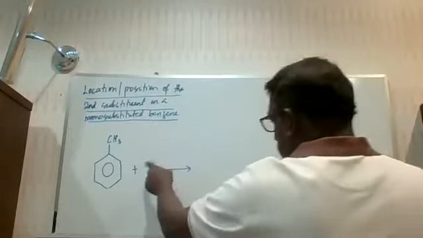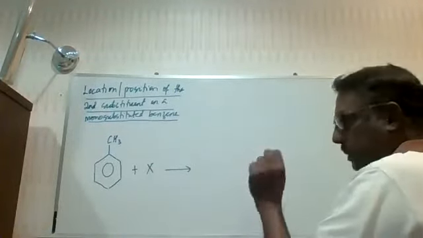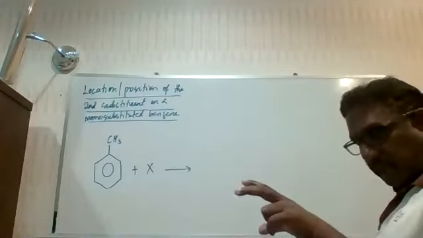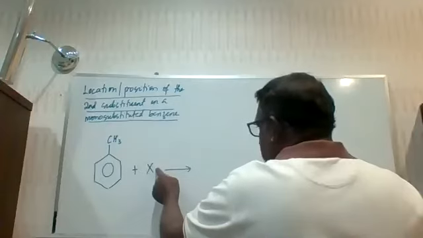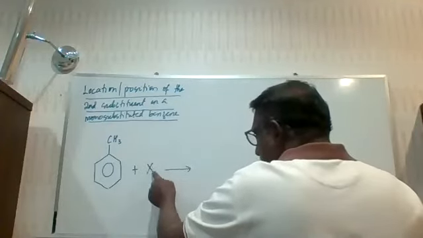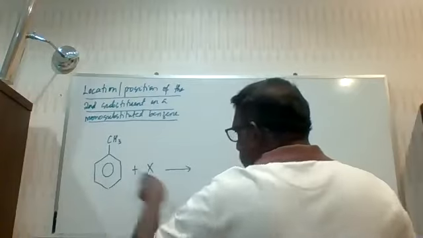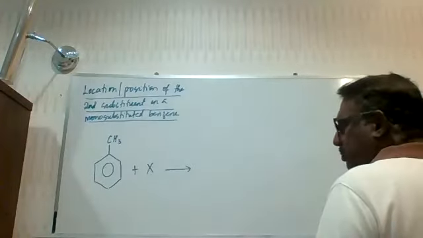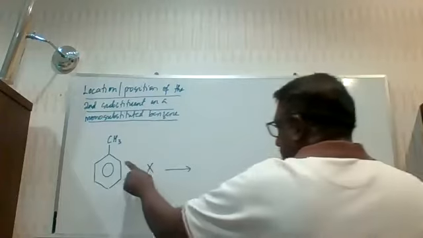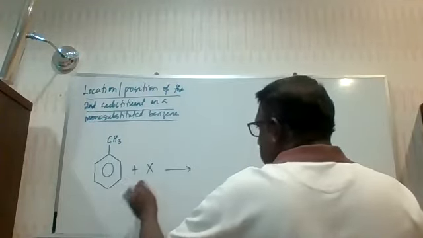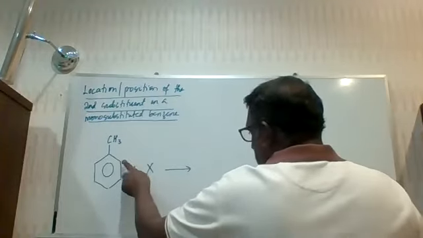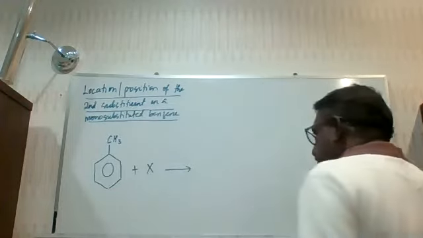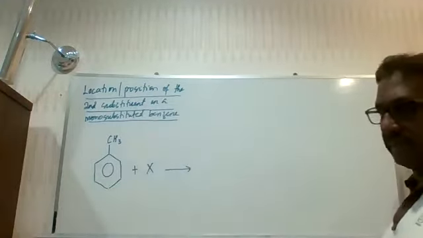What we're going to look at is, when X substitutes hydrogen, is there a fixed position or location where X goes? That means, can X choose any one of these locations to go into and link into the benzene ring? Can it substitute this hydrogen atom, this or this, or is there a certain fix where it can only substitute this, and not any position? That's the meaning of the title I've given you.